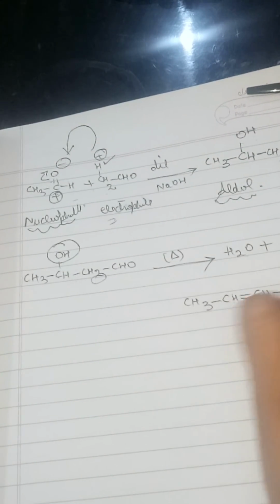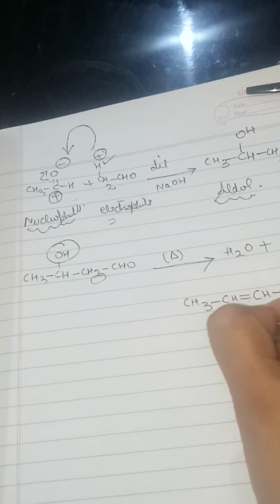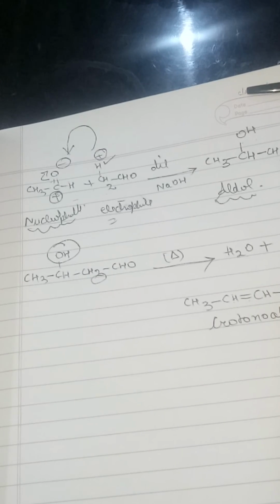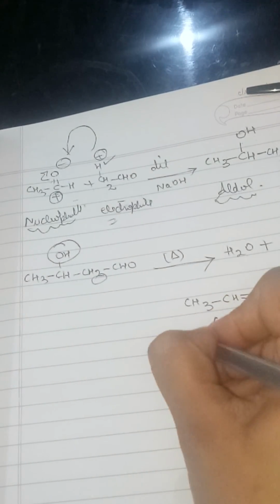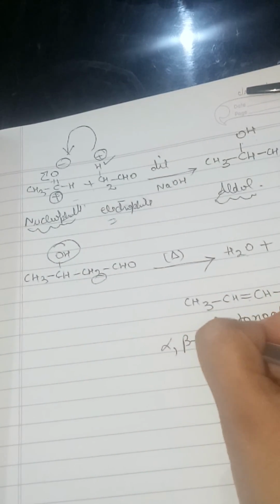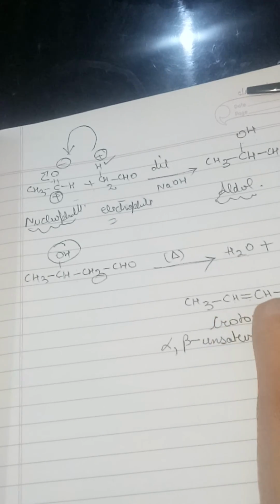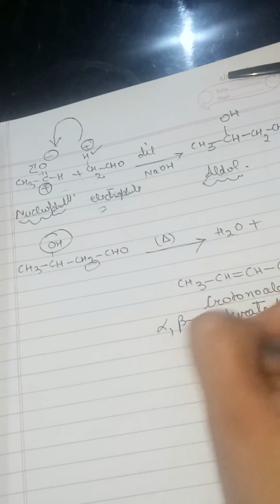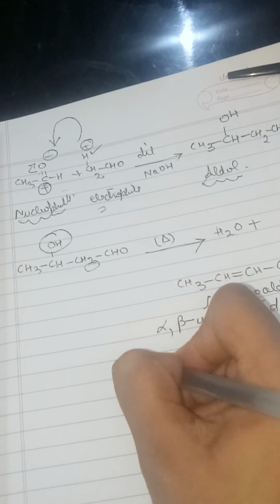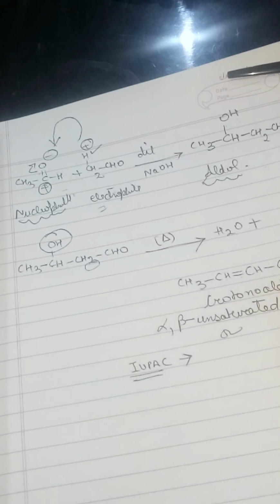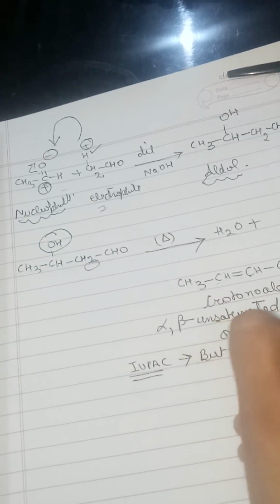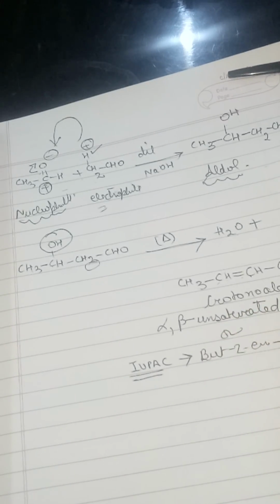It is crotonaldehyde, or you can say alpha beta unsaturated aldehyde. The IUPAC name is but-2-en-1-al.